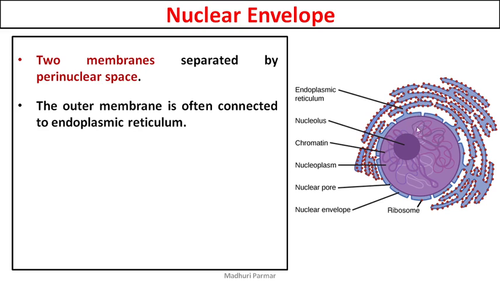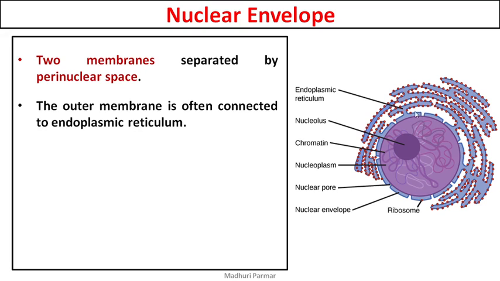Clear? One more thing I wanted to clear: why it is better to call it nuclear envelope and not nuclear membrane is because this membrane is not continuous. Rather it is present in the form of some pockets.